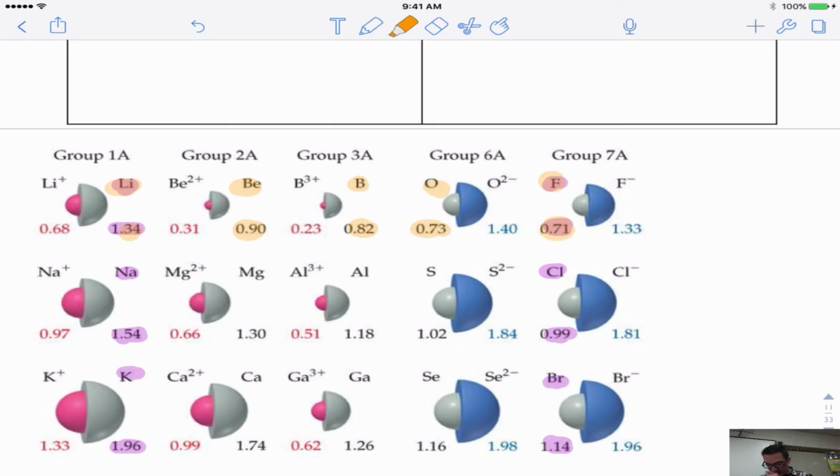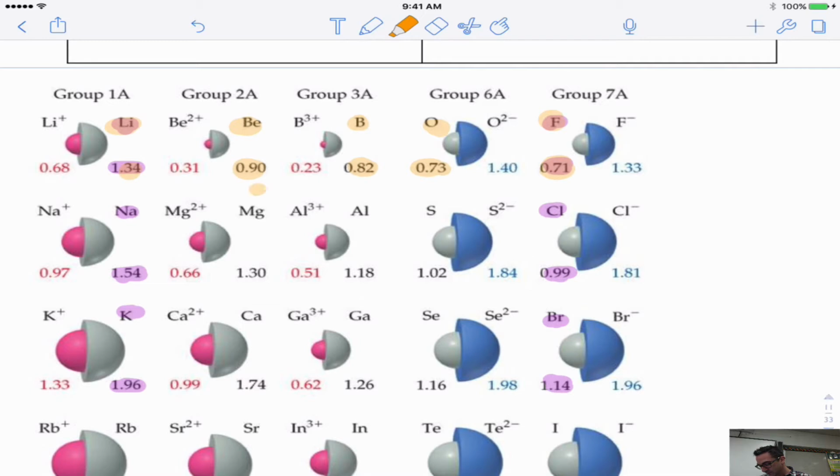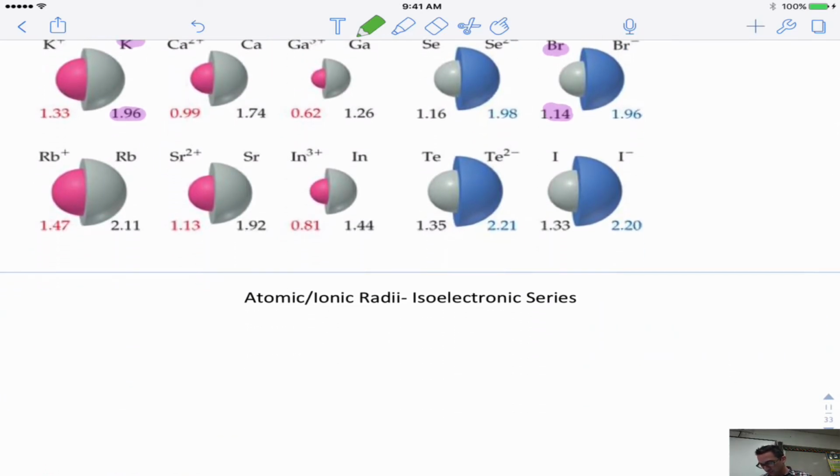Now notice that they also show the ionic radii, and when you become a positive ion, if we look at beryllium, for example, you're losing electrons, really an entire shell of electrons, and so your atom gets smaller. That's a general trend: when you become a positive ion, you are smaller than your atom.